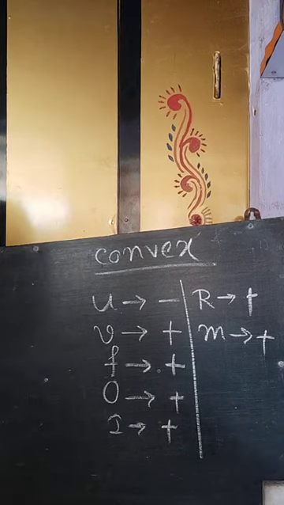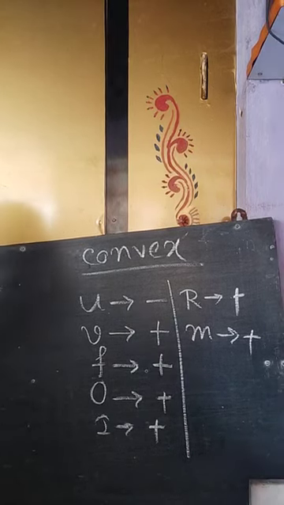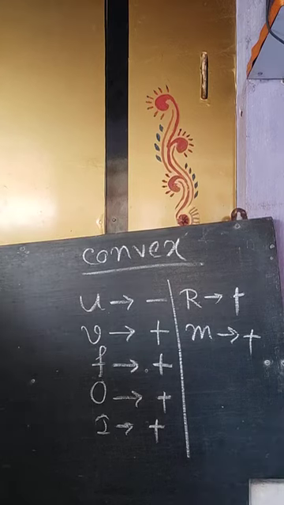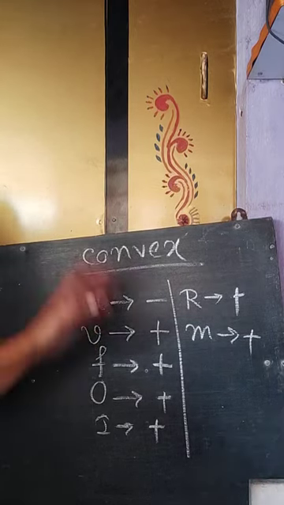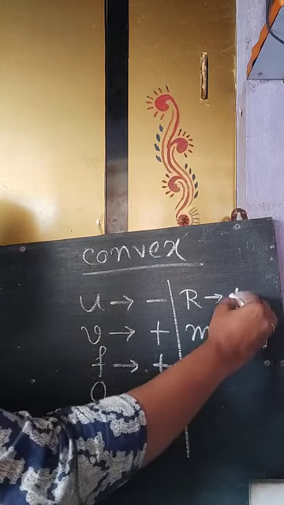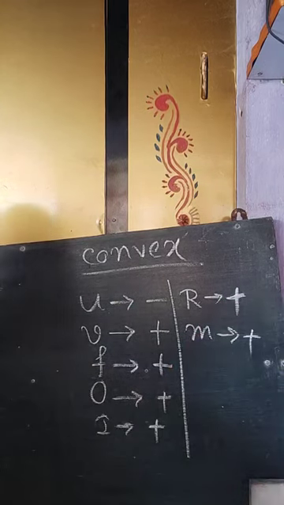So for the convex mirror, we always get the virtual image. There is no concept of a real image for the convex mirror. That's why there is one condition, for the virtual only.